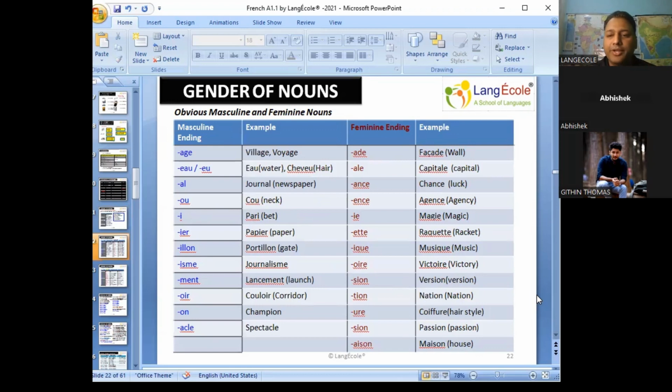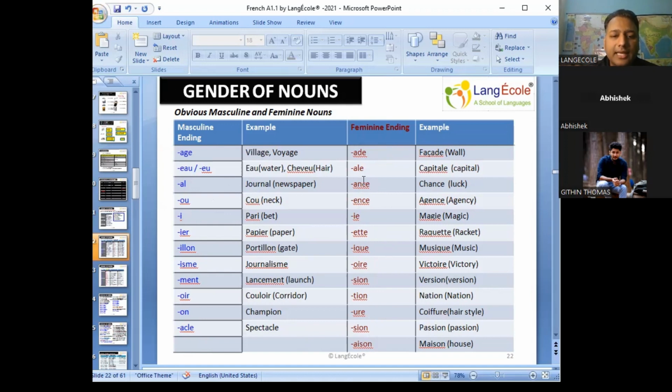With this you can try to find out if the noun is masculine or feminine by checking the ending of the noun. If the ending of the noun is with this, it will be considered masculine. If the ending of the noun is with these, then it will be considered feminine.